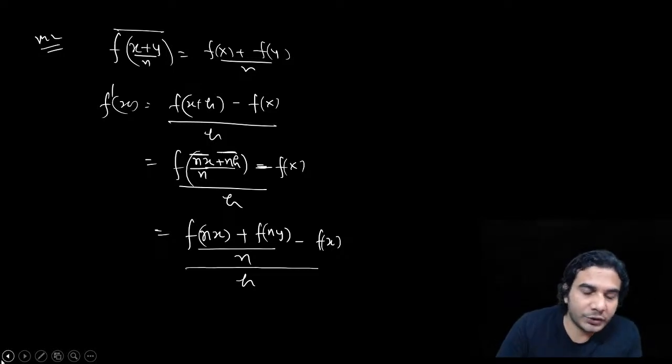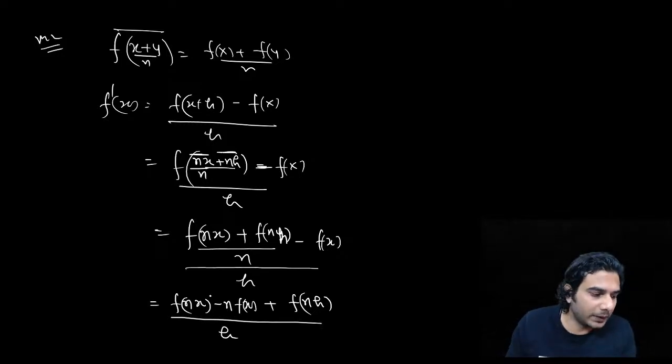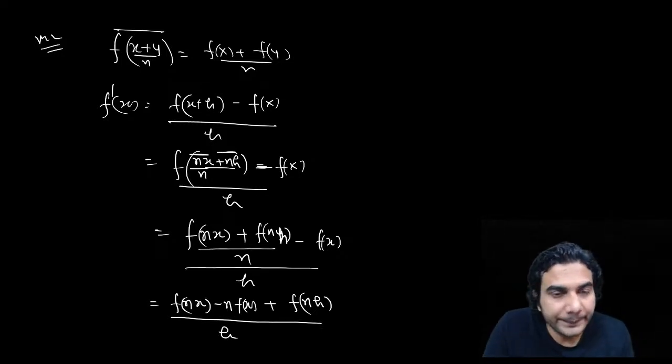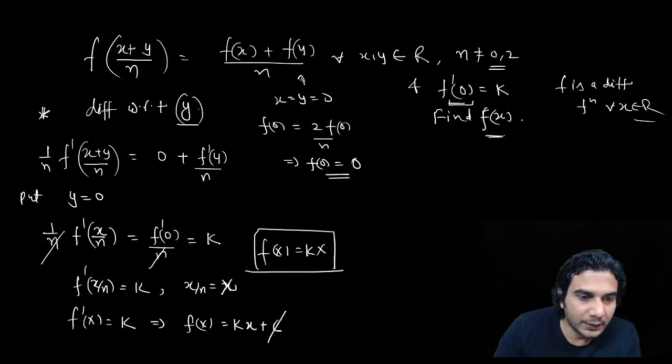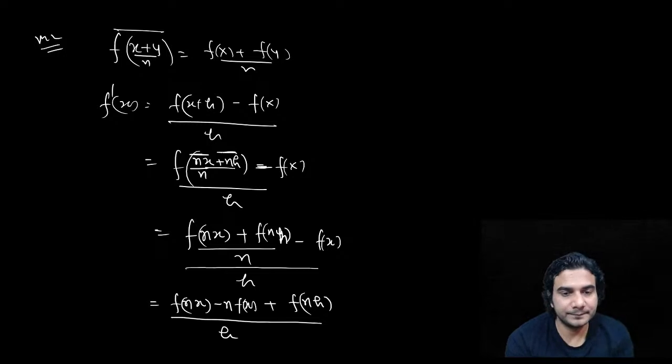Then you can use f of nx minus n f x, and plus f of nh divided by h. Now you'll have to do some manipulation to get the same differential equation which you were getting earlier, like in this case: f dash of x upon n is equal to the constant k. So to get that, this is f of x upon n. Wait a minute.